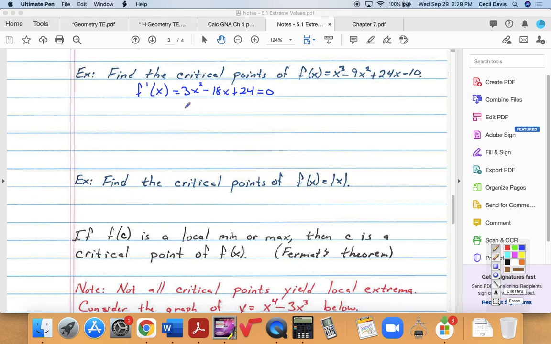So I'll factor out a 3. So this will be 3 times (x minus 4) times (x minus 2) equal to 0. So either x equals 4 or x is equal to 2. These are my critical points.